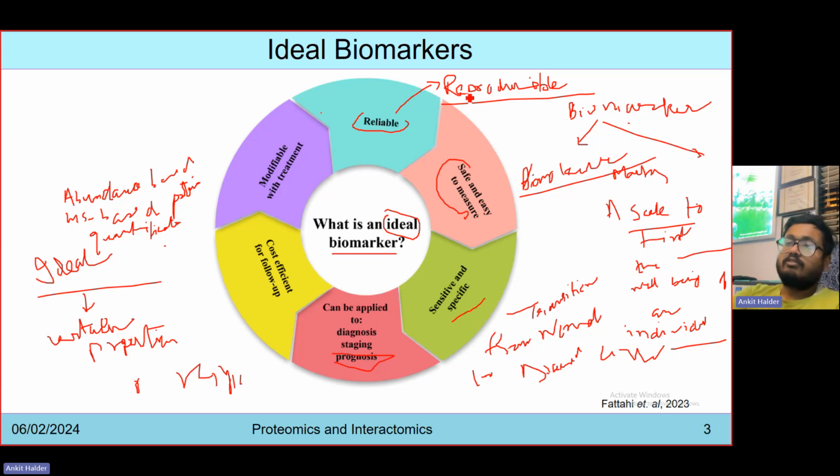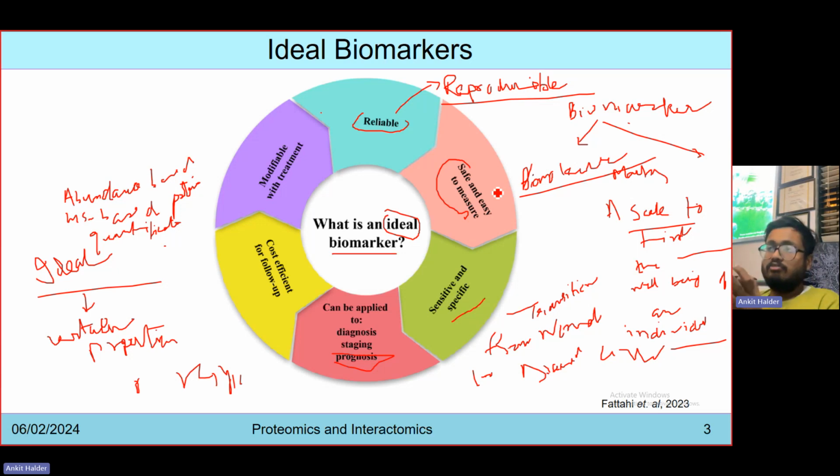The major difference between a biomarker and an ideal biomarker is that an ideal biomarker should definitely be a biomarker, a biomolecule that helps us understand the various conditions of the disease, so that the disease conditions can be monitored, whereas ideal biomarkers have some more features.